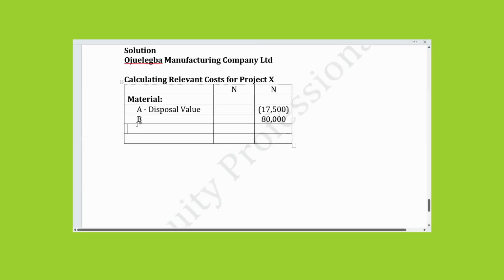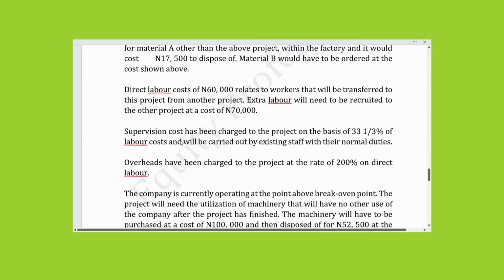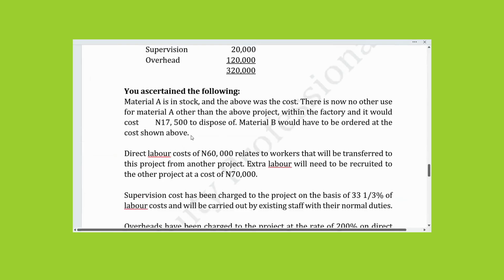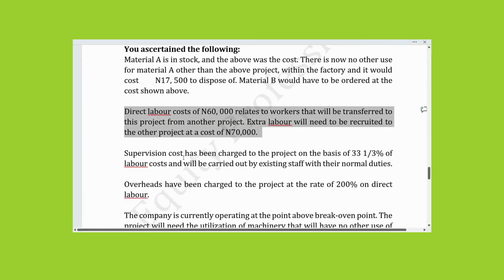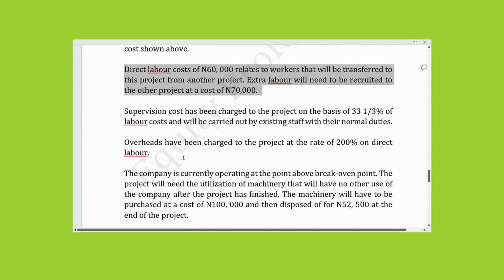All right. So we are done with the first scenario. Let's move to the second one. We are told in scenario number 2 that direct labor cost of 60,000 naira relates to workers that will be transferred to this project from another project. These workers are currently earning 60,000 naira.